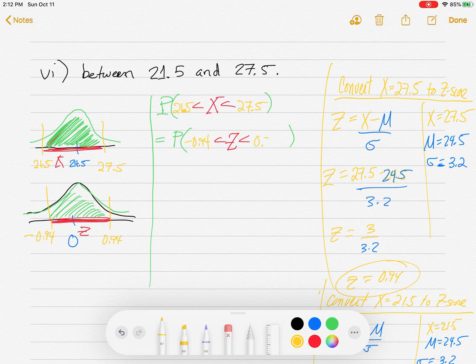So writing this as a probability, this is the probability of getting a random z-score in between negative 0.94 and positive 0.94.